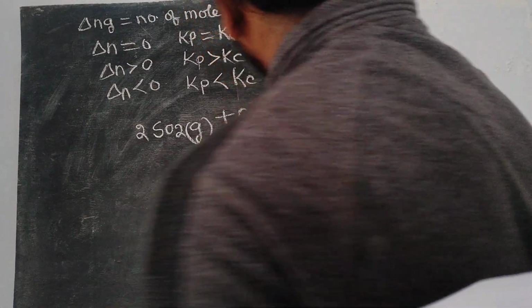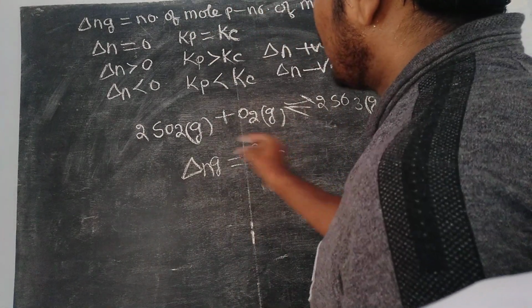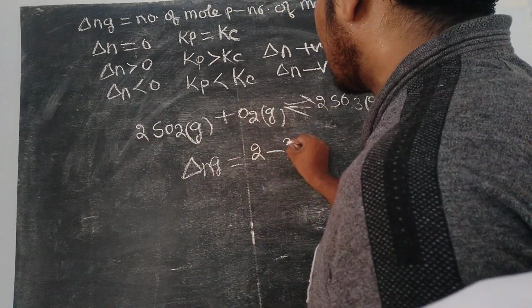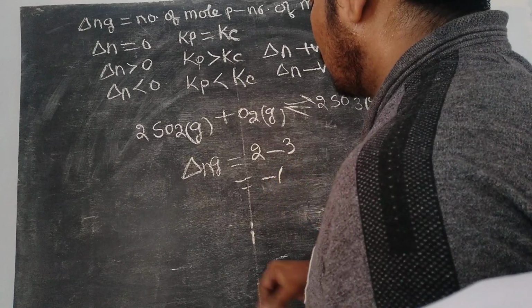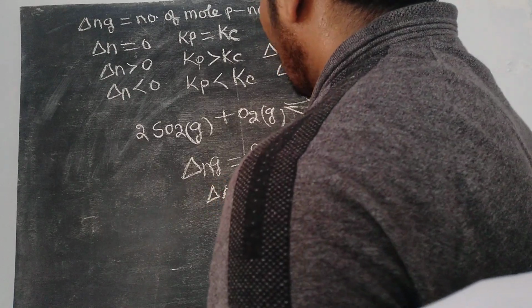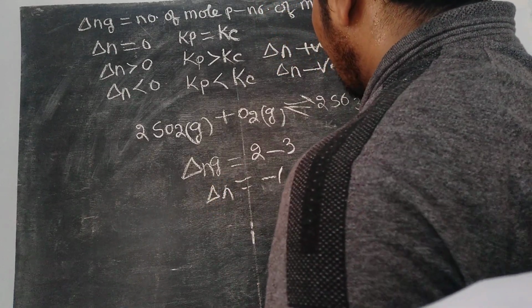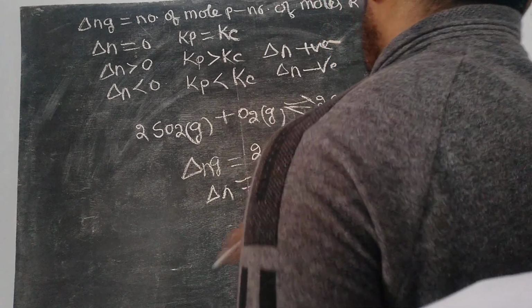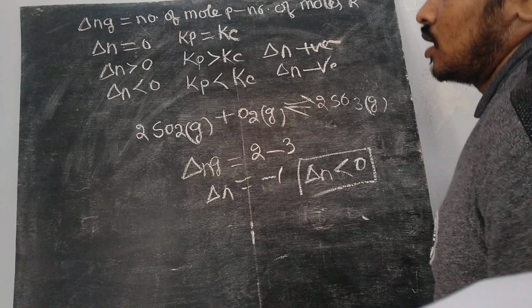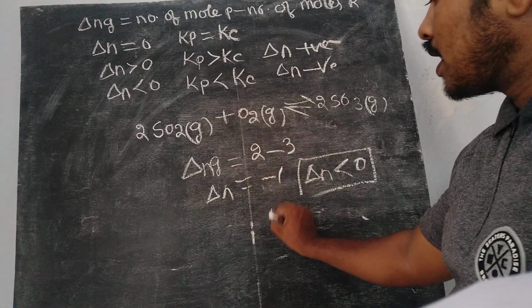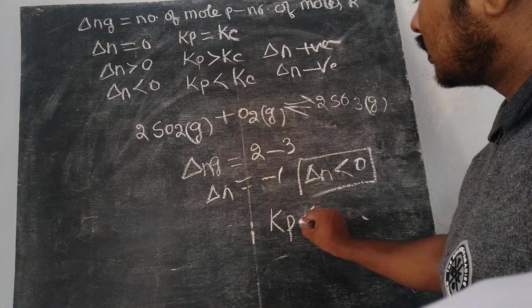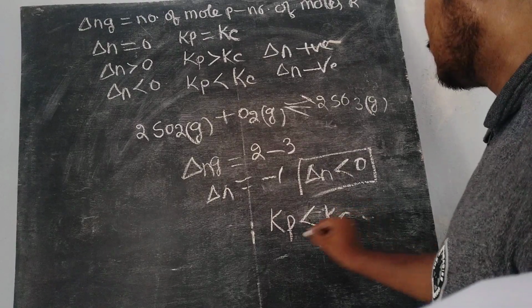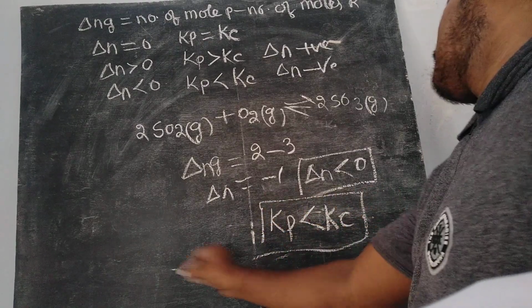Number of moles of the product, 2. Number of moles of the reactant, 3. So 2 minus 3, delta n is equal to minus 1. That is, delta n is less than 0. So at that time, Kp is less than Kc, Kc is greater.